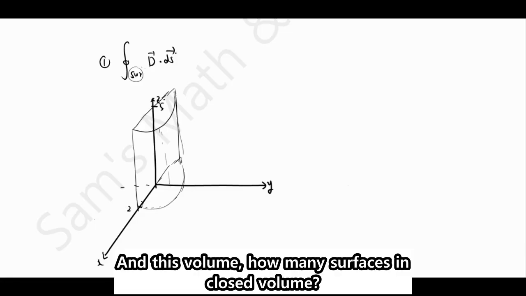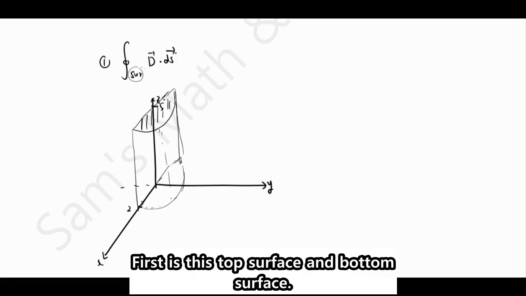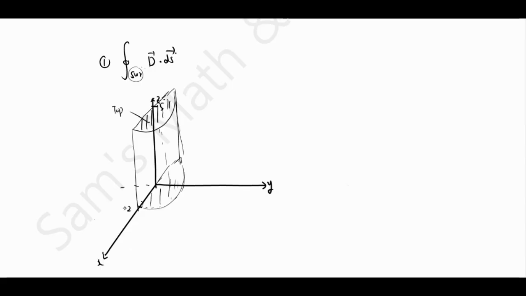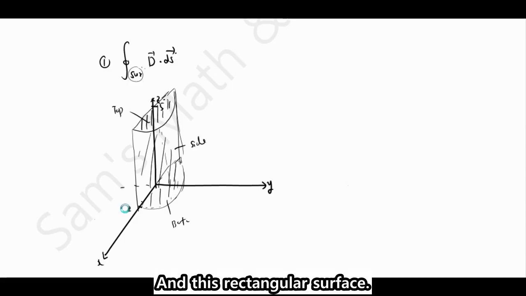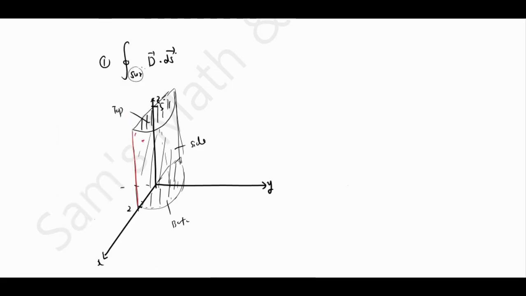How many surfaces enclose this volume? First is this top surface, and bottom surface, and side surface, and this rectangular surface.